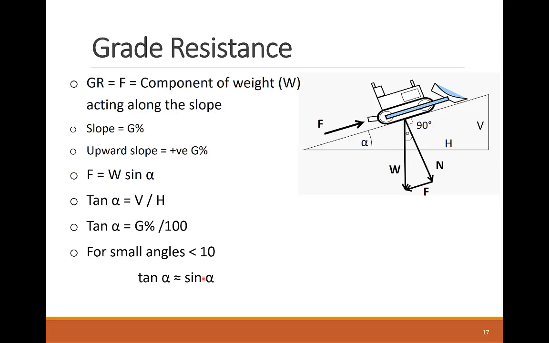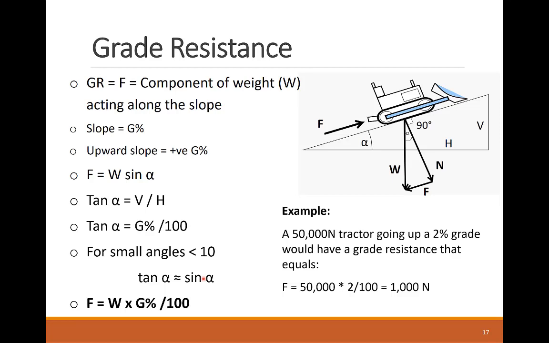And tan alpha is the same as G percentage over 100%. So we end up with the grade resistance force equal to the weight W times G percentage divided by 100. Here's a small example of a 50,000 Newton tractor going on a 2% grade. By applying the formula, we find that the grade resistance equals 1,000 Newton.